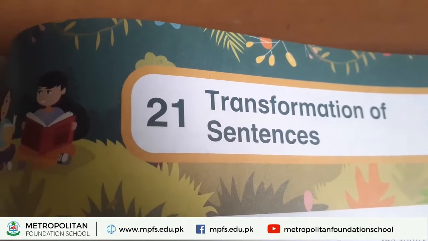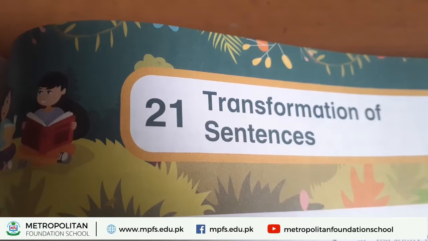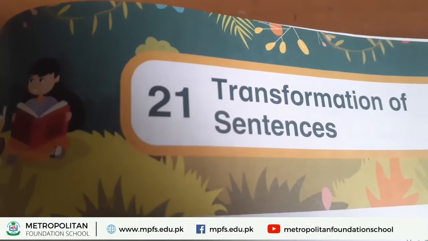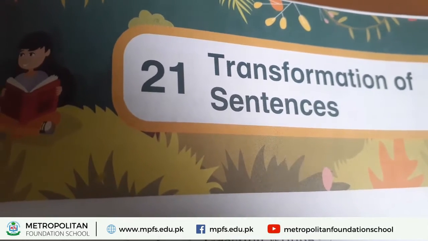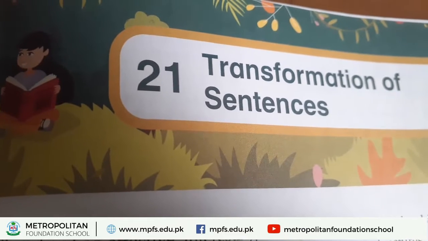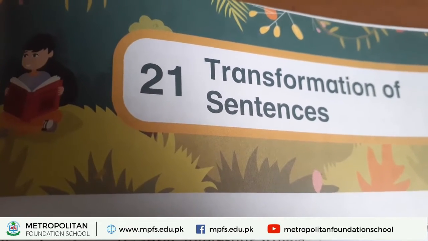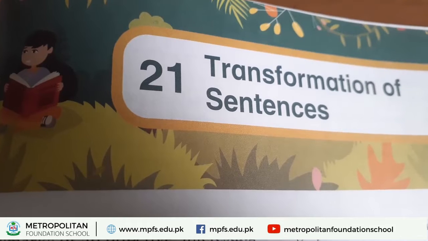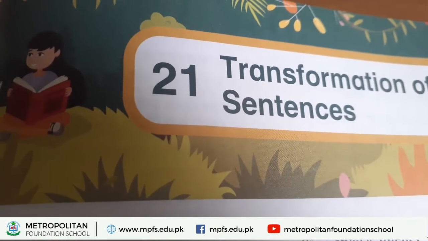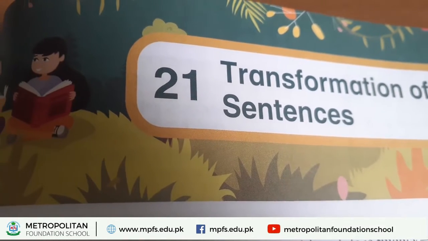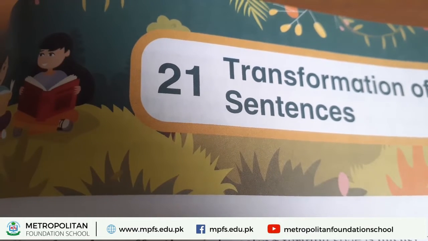And if we are talking about complex to simple, as I told you about the rule of simple to complex, that will be reversed to transform the complex sentence into a simple sentence.